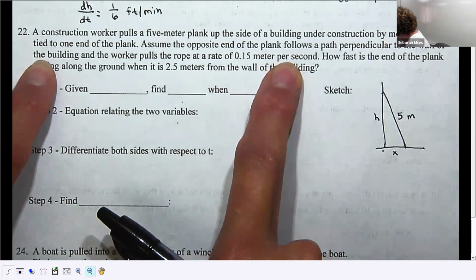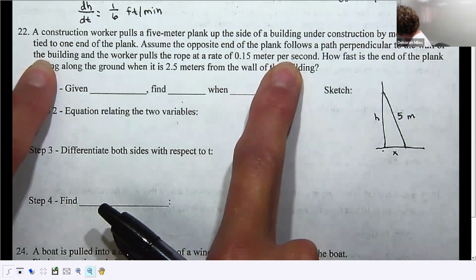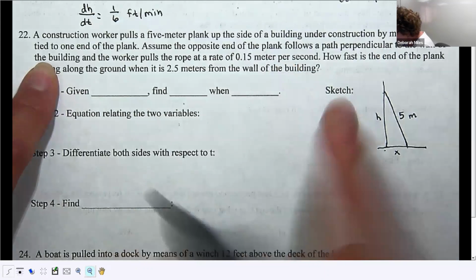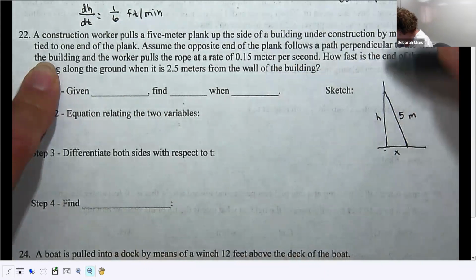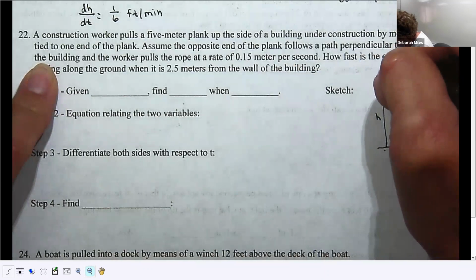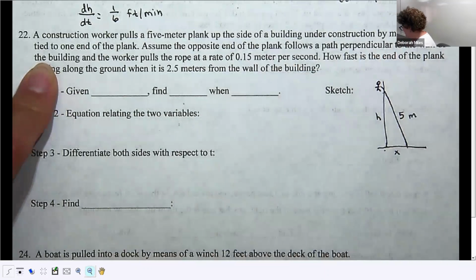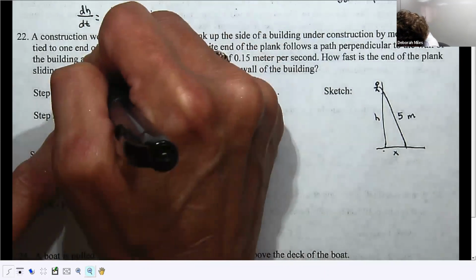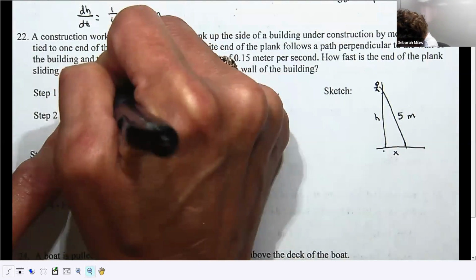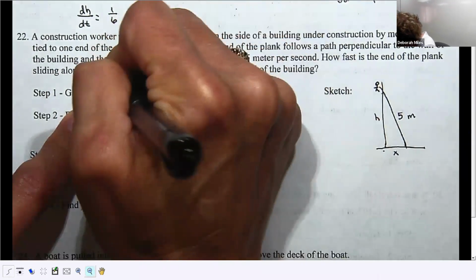It's definitely a rate because it's per unit of time. It's the rate at which this is being pulled up. This is where dude or dudette is standing with the rope. And so that's dh over dt. Or I could have used y, doesn't matter. dh over dt is 0.15.